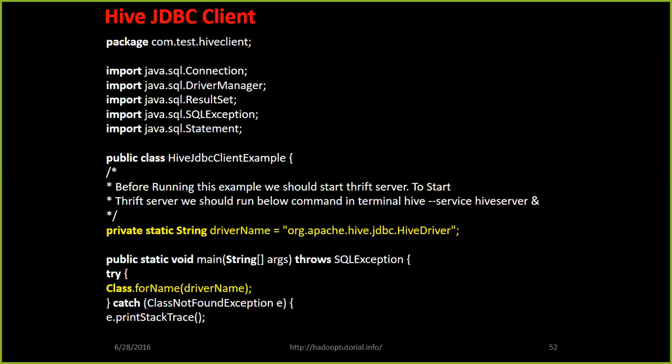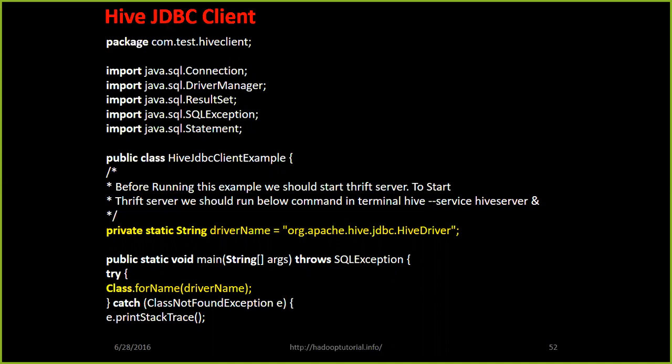Okay, next, JDBC client. So far we have seen all our Hive tables accessed through the Hive shell. What if I want to access those table contents through a Java program, loop through them and pass them on to another program?